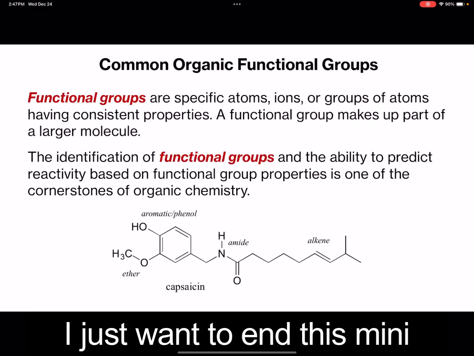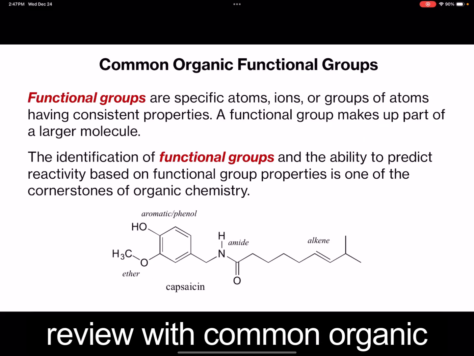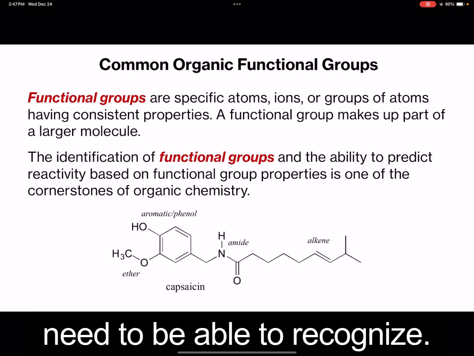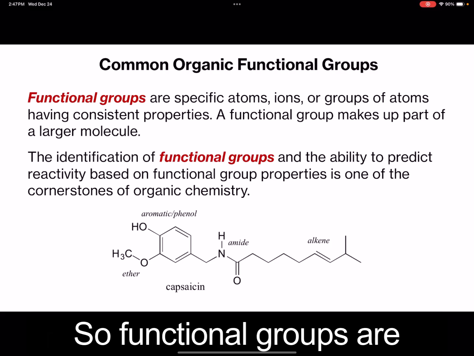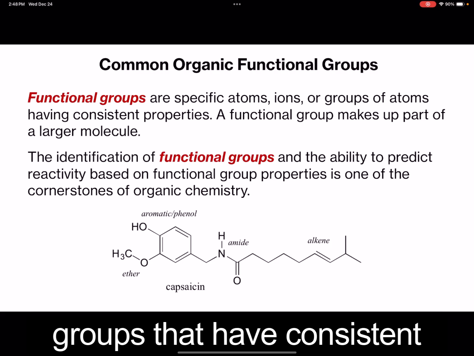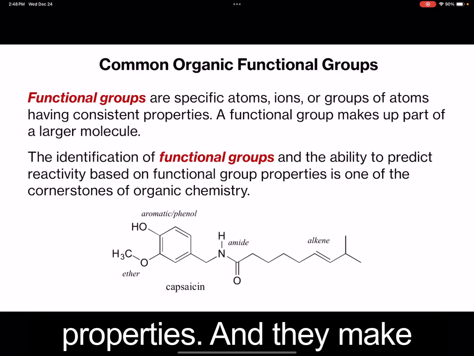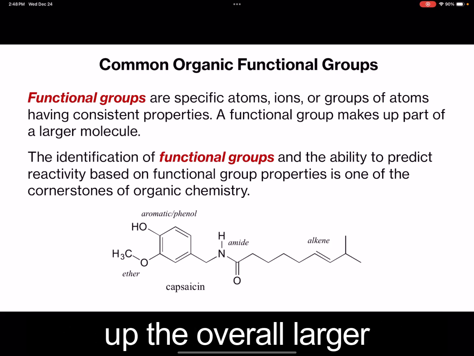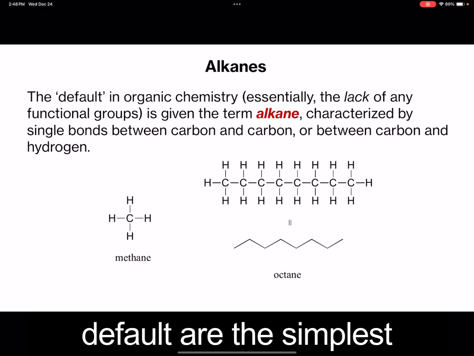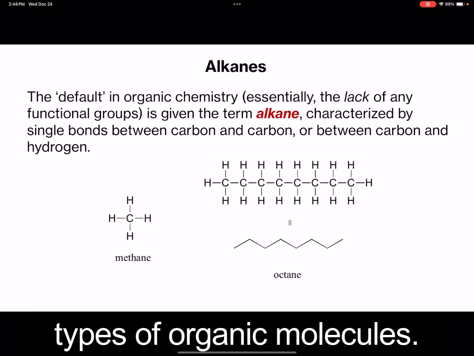Okay, so I just want to end this mini review with common organic functional groups that you'll need to be able to recognize. Functional groups are specific atoms, ions, or groups that have consistent properties, and they make up the overall larger molecule. All right, so alkanes by default are the simplest types of organic molecules.